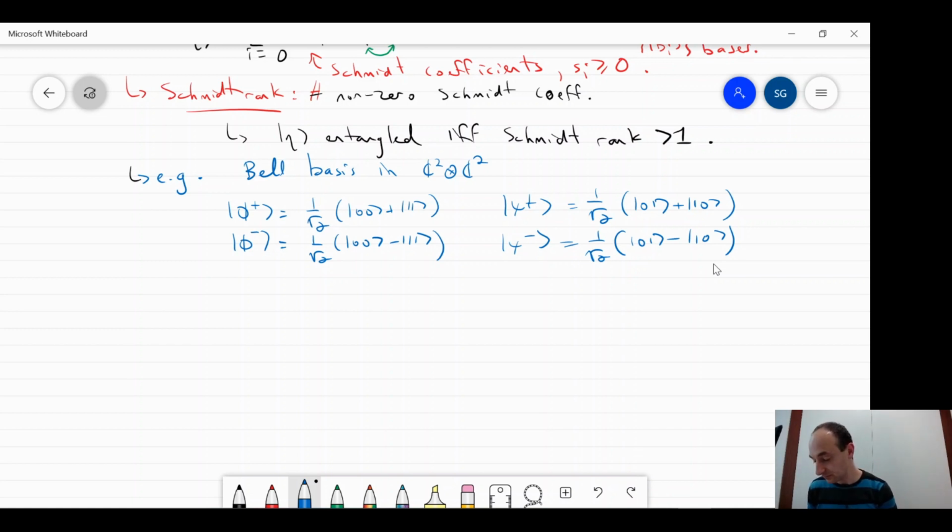One thing I should mention is that the Schmidt decomposition, which gives us a way to tell if a state is entangled or not, because remember, a bipartite pure state is entangled if and only if its Schmidt rank is strictly larger than 1, can be efficiently computed. It just turns out to be the so-called singular value decomposition, which can be efficiently computed.